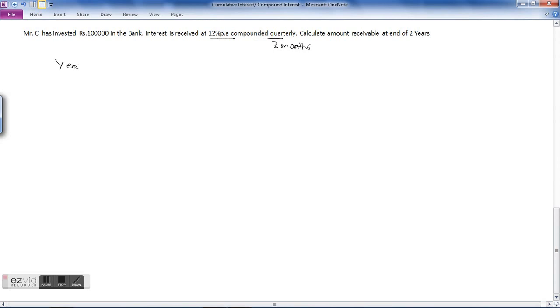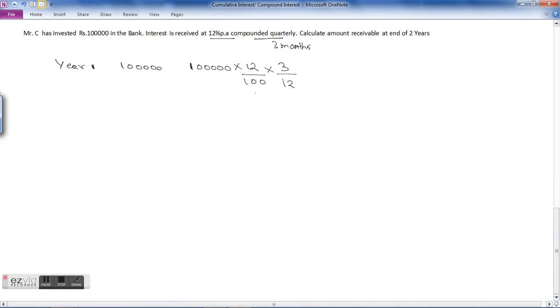Okay, so year 1 amount is 1 lakh. Now interest will be how much? We'll calculate the proportionate interest. 1 lakh into 12% is 12 by 100. Now 12 by 100 is for the entire year, right? So for 3 months it will be 3 by 12 because we are compounding it quarterly, right?